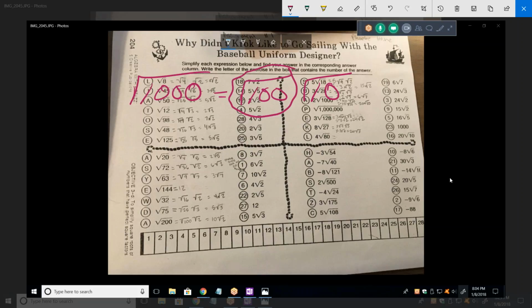So what's the square root of 100? 10. So that's what square root of 1,000 is. And then times that 2 that is in front gives you 20 root 10, which is that answer right there.